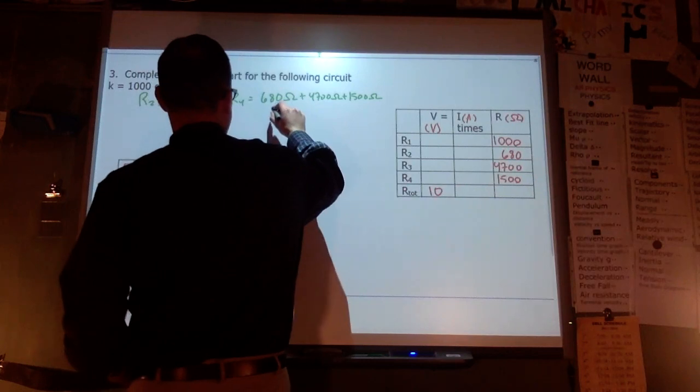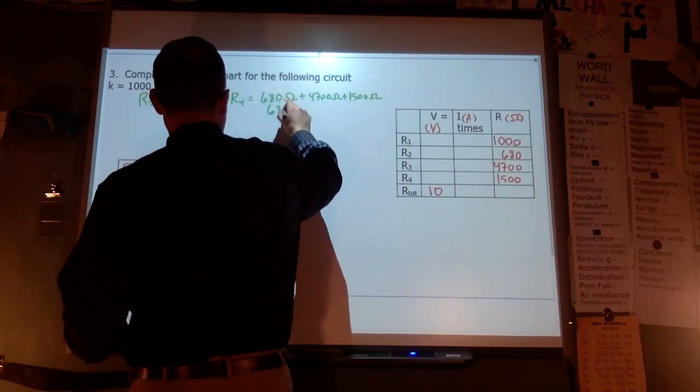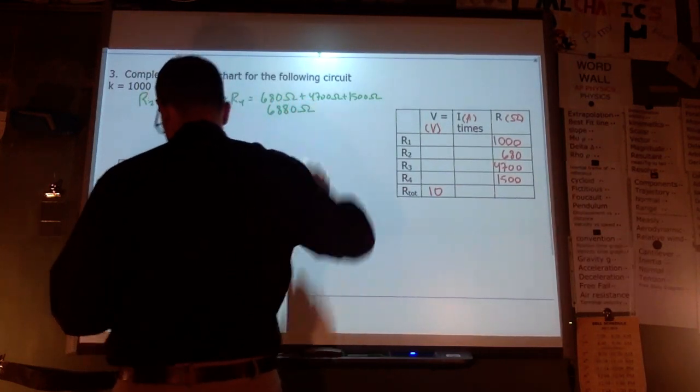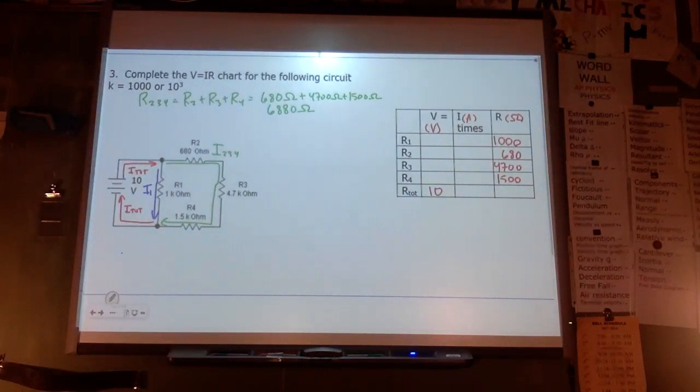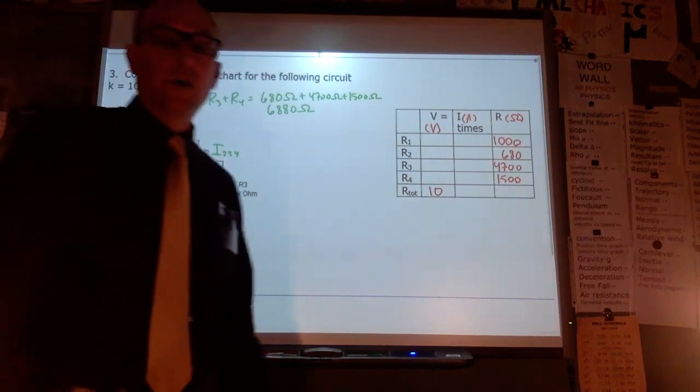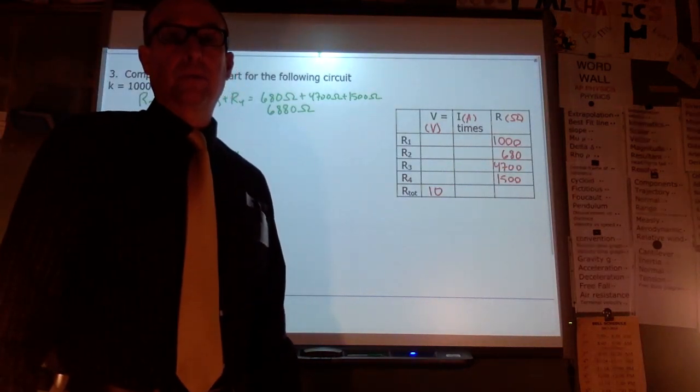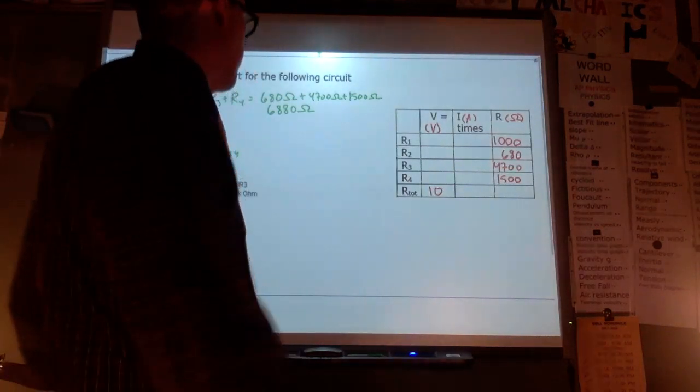So I got 6,880. Where does this go in our chart? Nowhere, because there's no line for what R2,3,4 is.